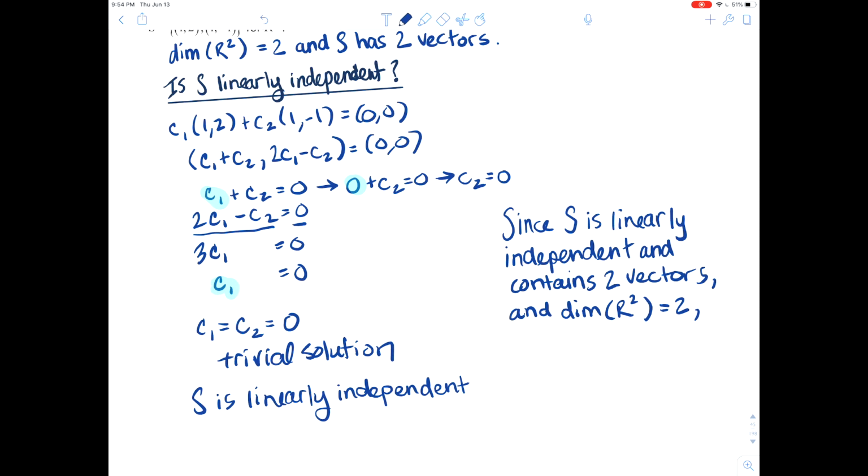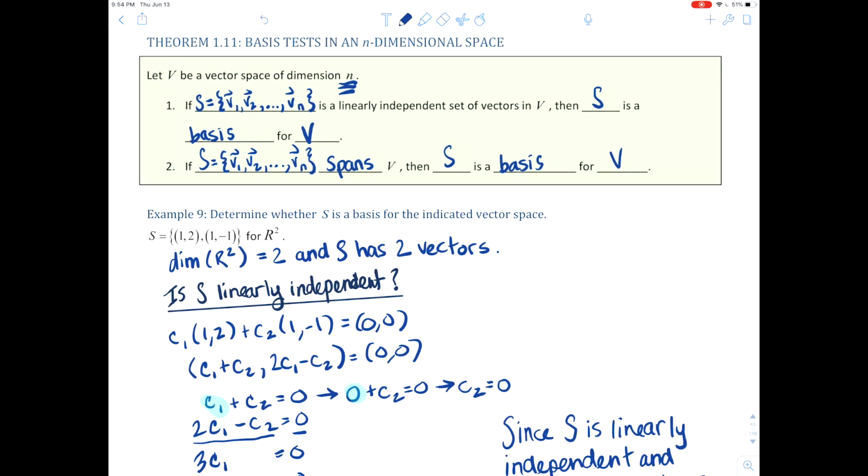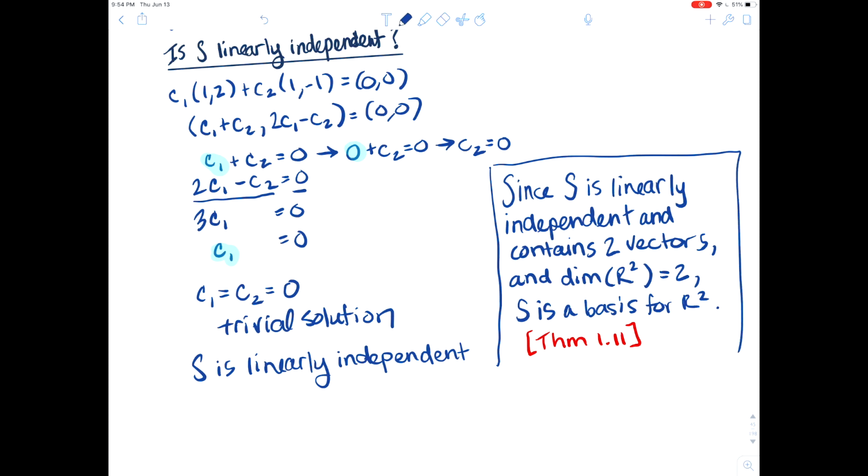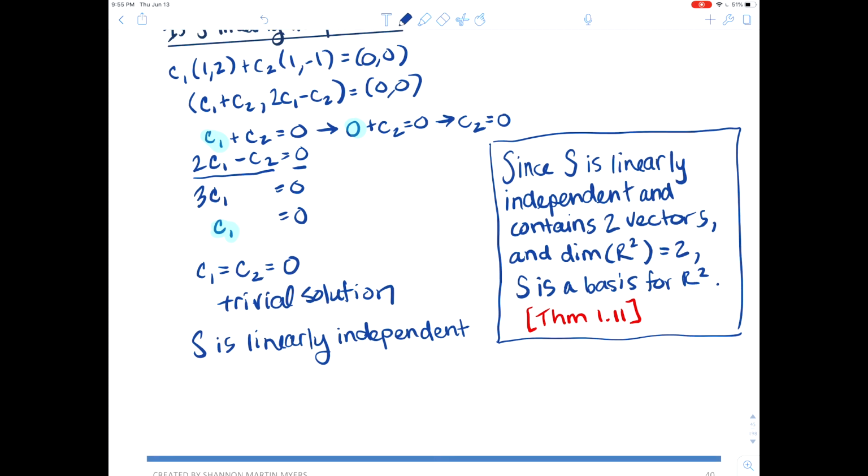Since those things are true, S is a basis for R2, and that's utilizing this theorem here, by theorem 1.11. Cool, cool? So if you remember this theorem, you can utilize this on the first exam, okay?